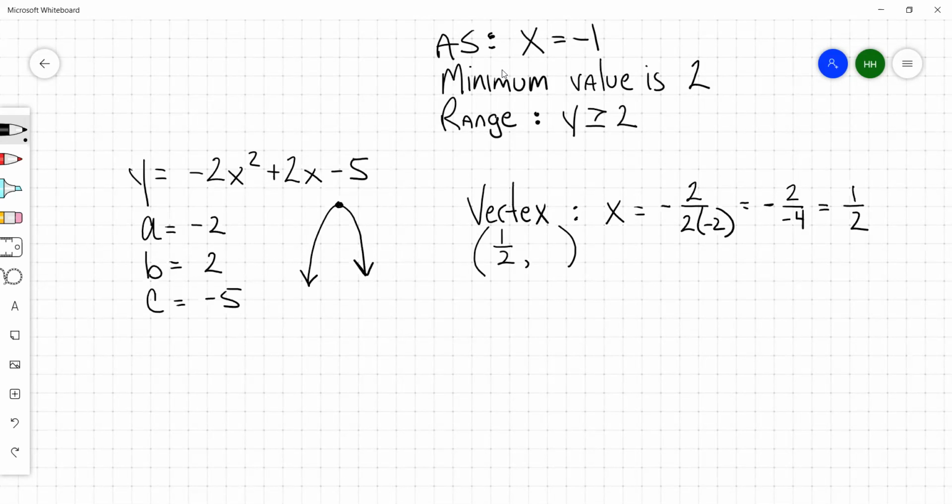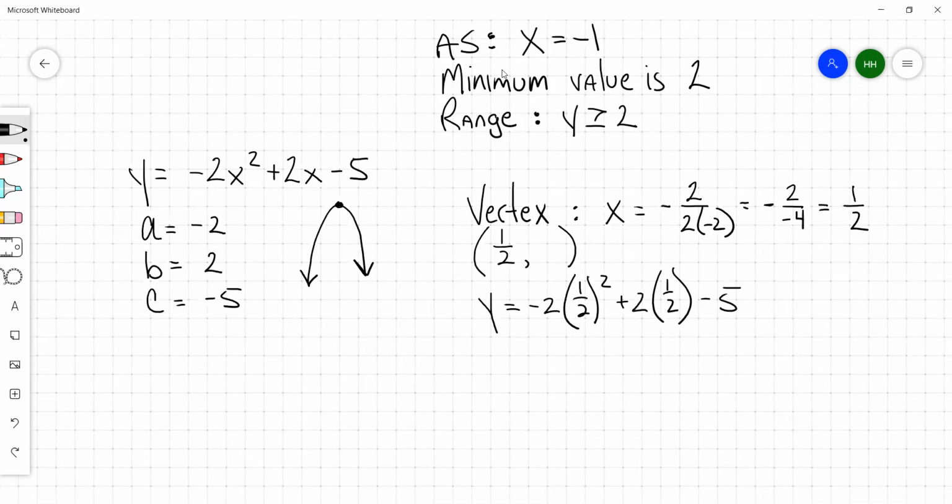So our y at the vertex is equal to negative 2 times 1/2 squared plus 2 times 1/2 minus 5. Be a good time to start using your calculators. So we got negative 2 times 1/2 squared.